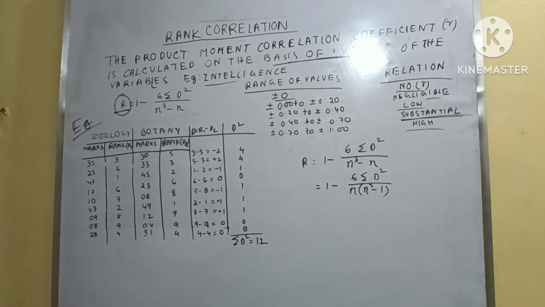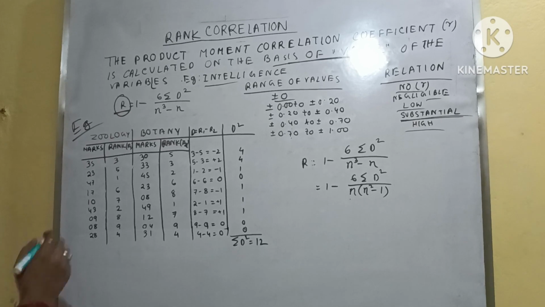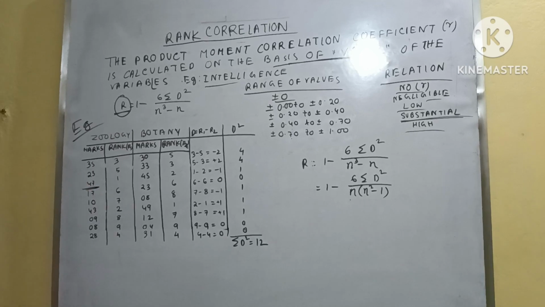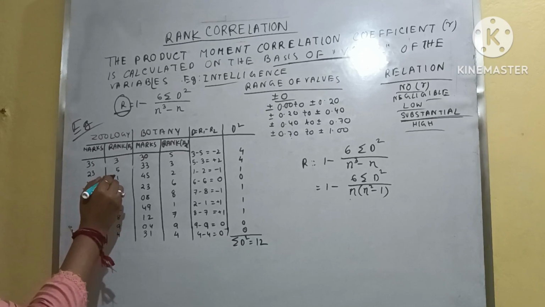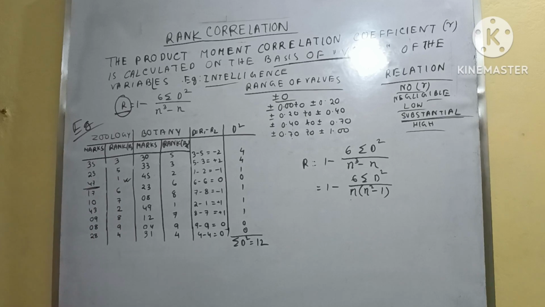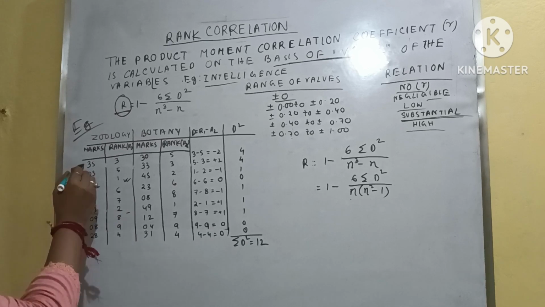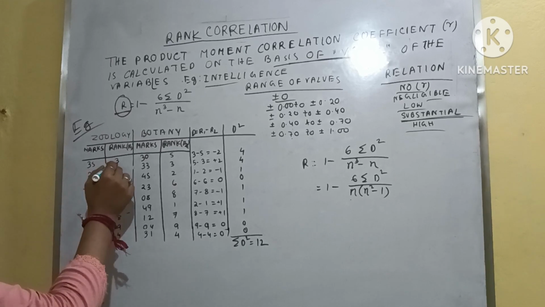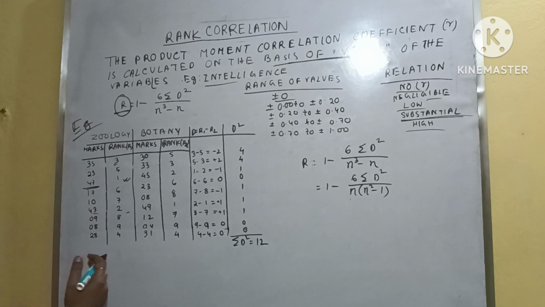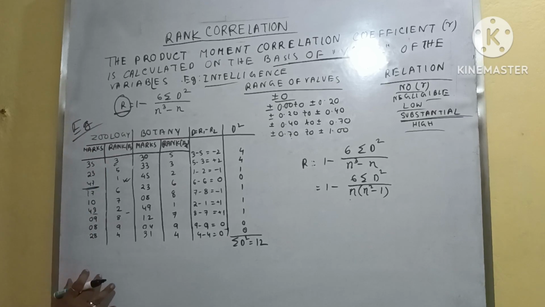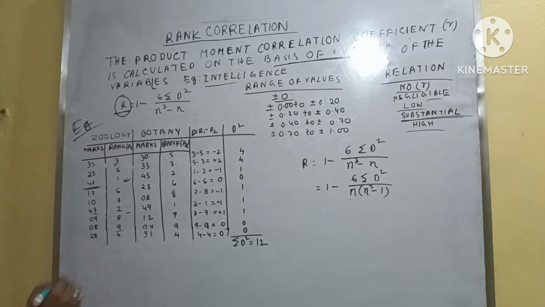Here is how we rank them. The greatest value is 47, so we write it as rank number 1. Next is 43, rank number 2. Then 35, rank number 3. In that manner we rank these values up to 9.